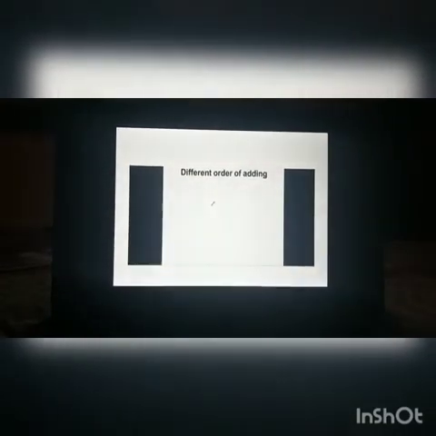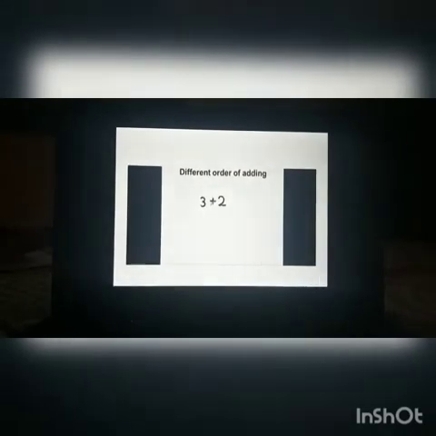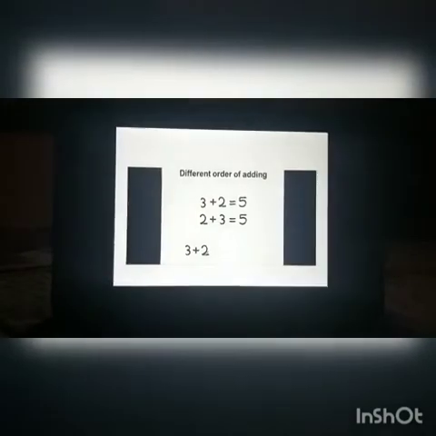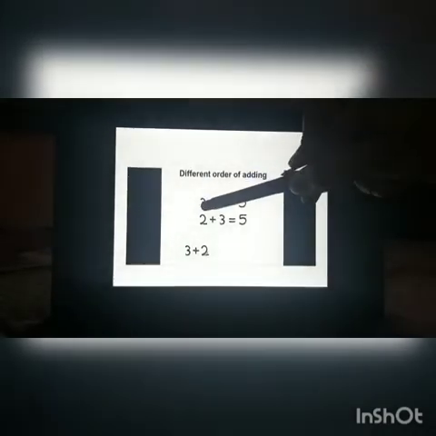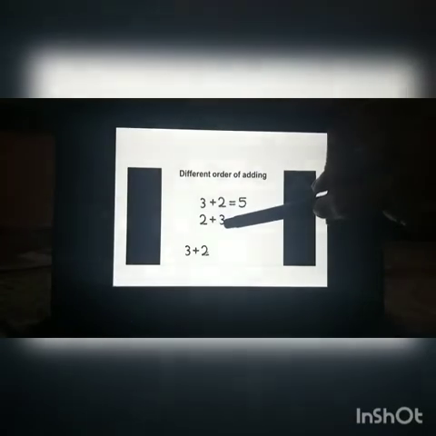Now come to the second property. Now add 3 plus 2. 3 plus 2 is 5. Or add 2 plus 3. 2 plus 3 is also 5. You can add the numbers in any order. The sum will not change. Either write 3 first or write 3 at second place.